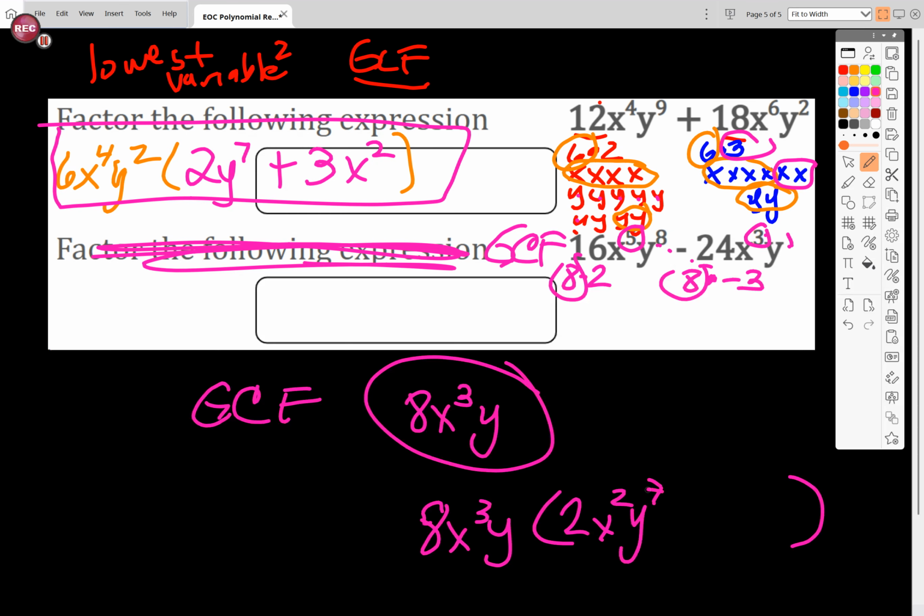So y to the 7th. And on this side, all we have left is minus 3. And no variables because 3 and 1 both got taken out here. So if it says factor, this is your full answer. If it says what is the greatest common factor, it's just this. What you factored out.